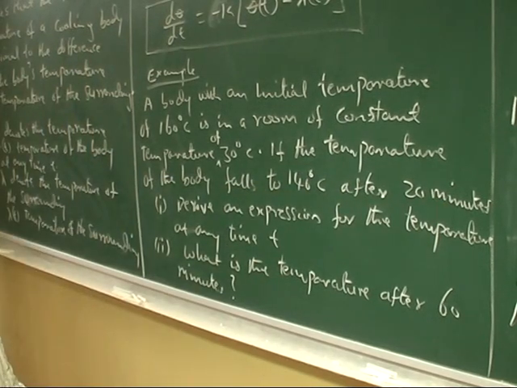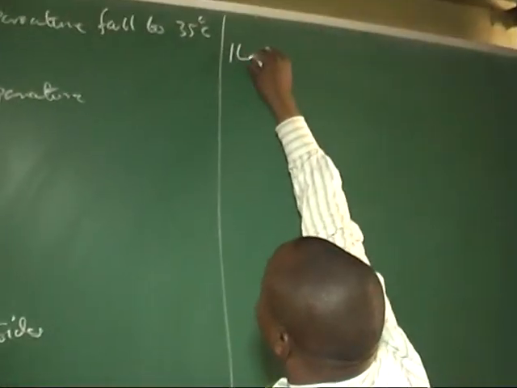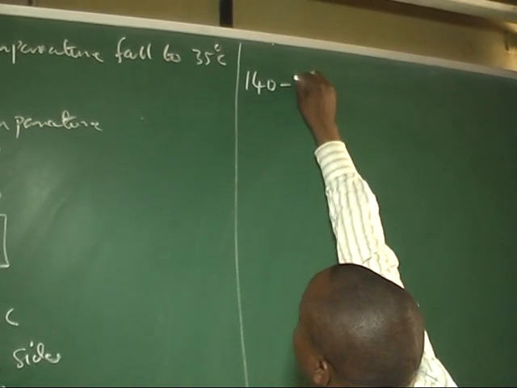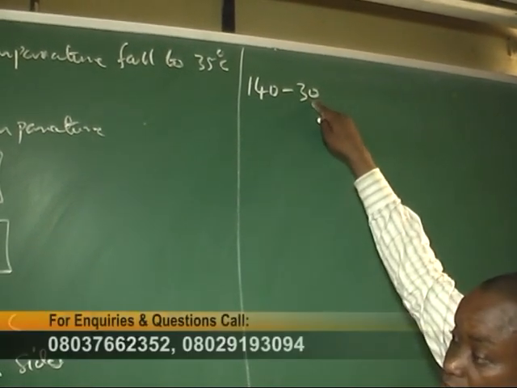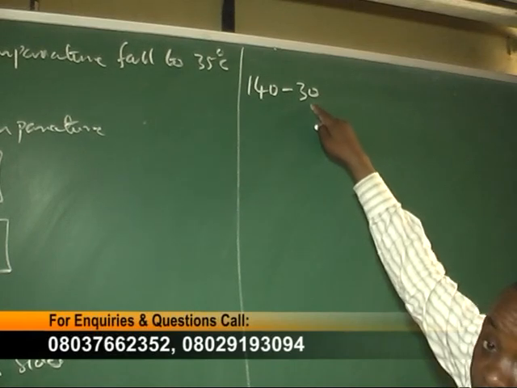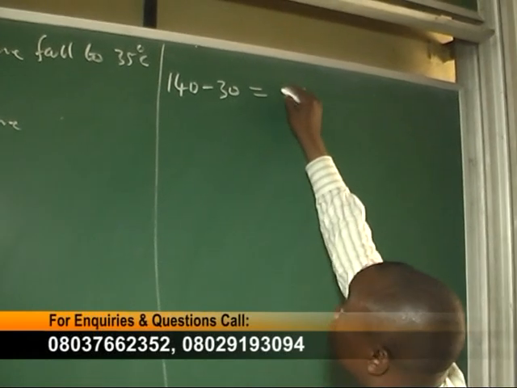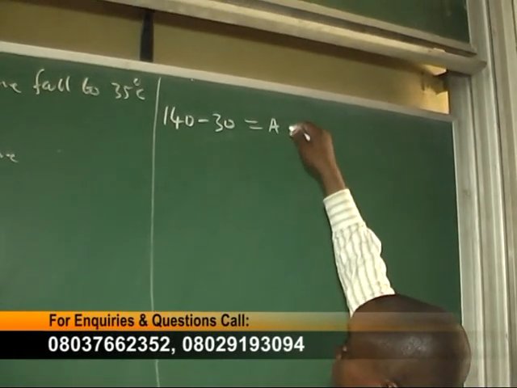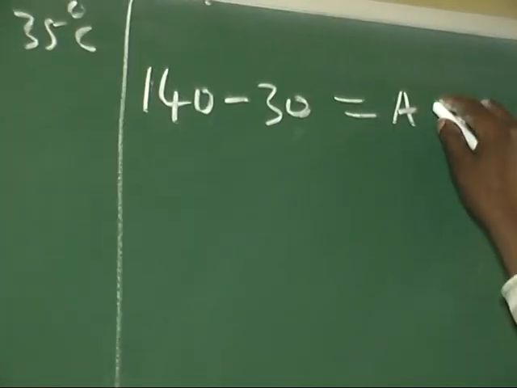After 20 minutes, we then have 140 minus 30. Don't forget that 30 is the constant temperature. Minus 30 will be equal to A. Of course, we have got the value of A. Let me just put it first so that you understand the flow.